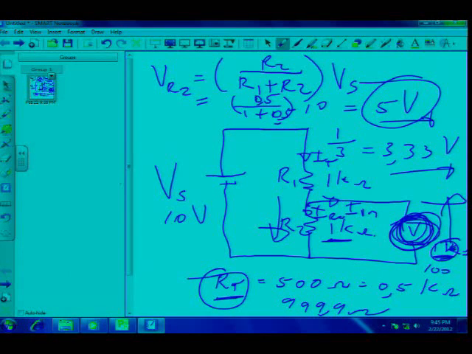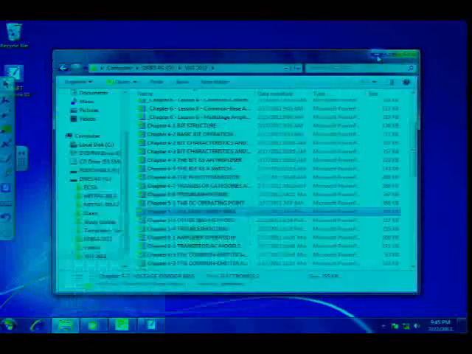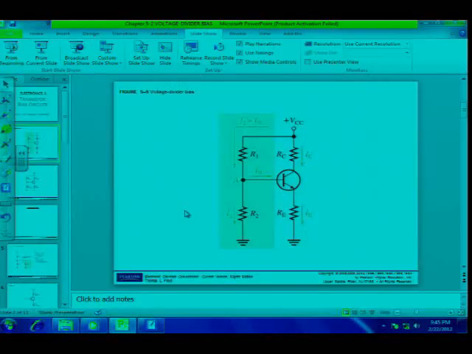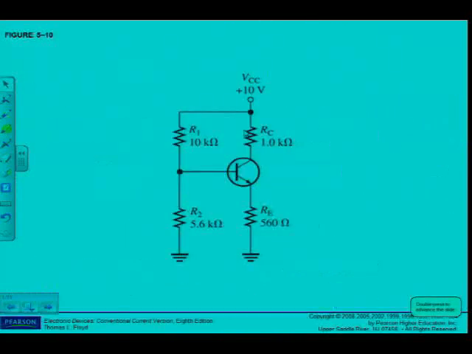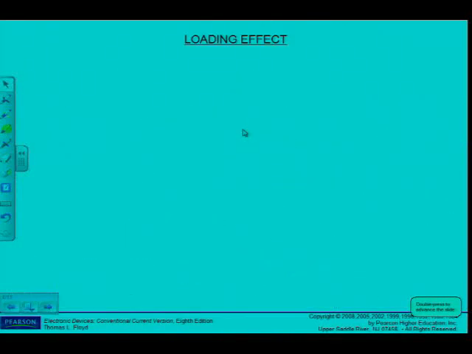And that brings us now back to our voltage divider circuit. If we go and look at our voltage divider circuit again, I actually left the page here. Can you believe it?